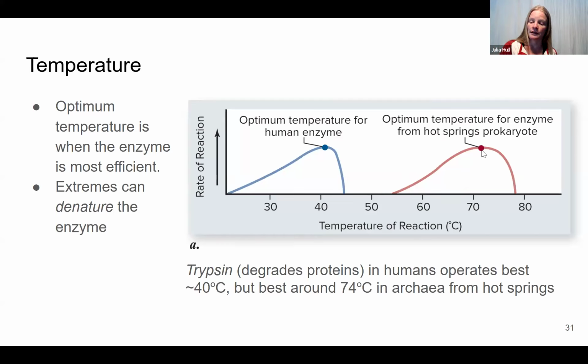Similarly, if you took the enzyme from that archaea and put it into human body temperature range, it's going to denature. It's too cold for that protein to do its job. Okay, so these temperature extremes that are beyond its normal can really affect how well the enzyme performs. Okay, we're going to do that with lactase, and we're going to see if we can denature lactase using temperature.